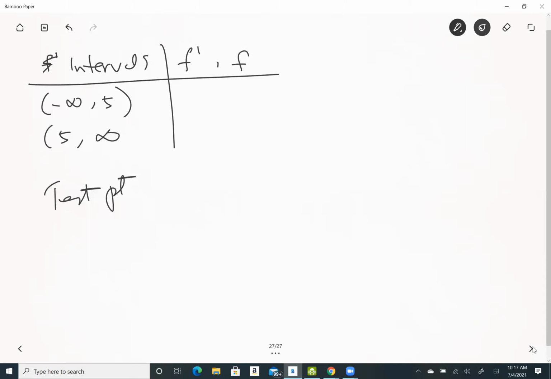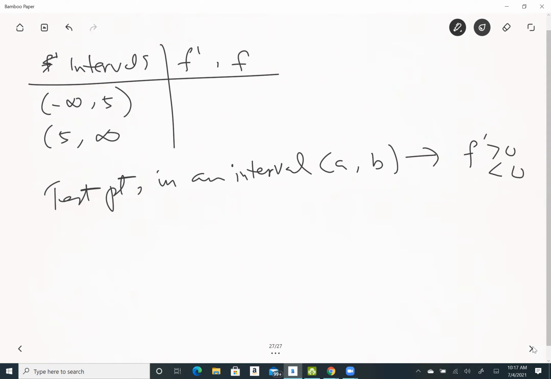So you need only one test point, and that value of x is input to test whether f prime is positive or negative. That point must be in the interval.